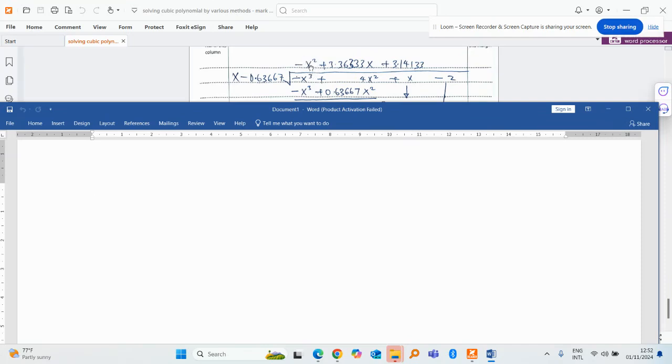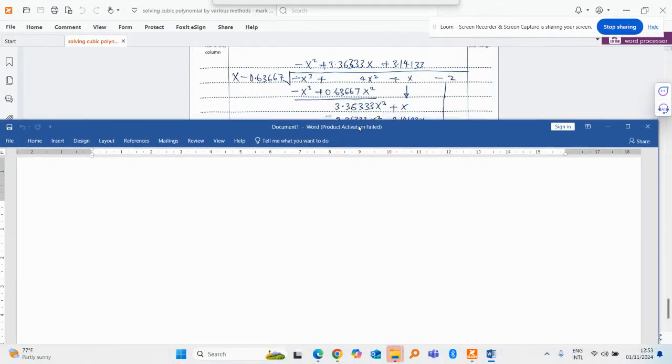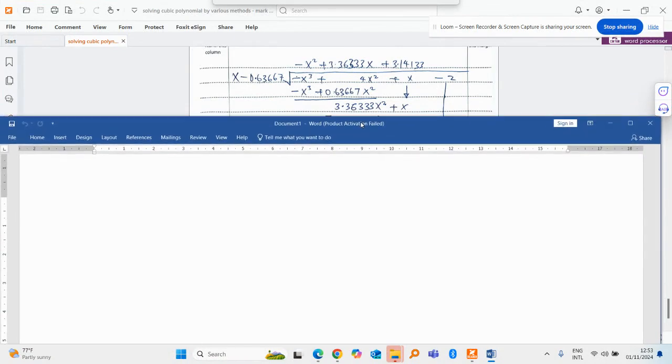Then we multiply this negative x squared by the divisor to get negative x cubed, and since we multiplied a negative by a negative, the sign changes. At this point we subtract. When we subtract, on the left-hand side it disappears.